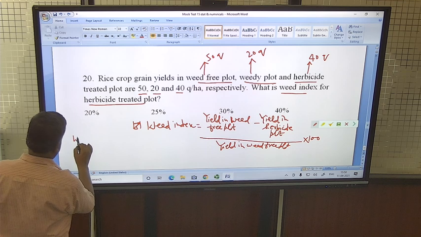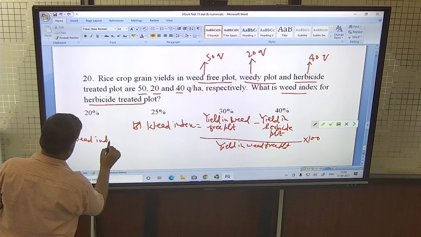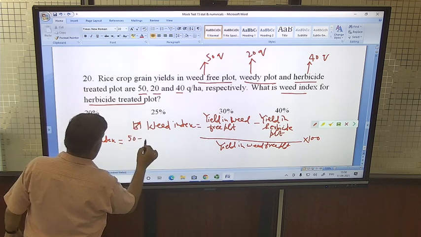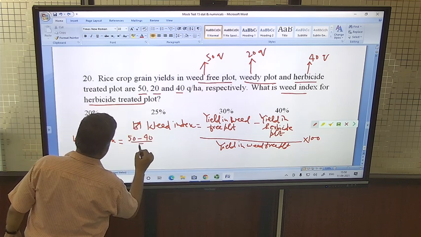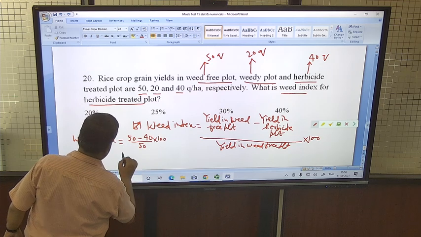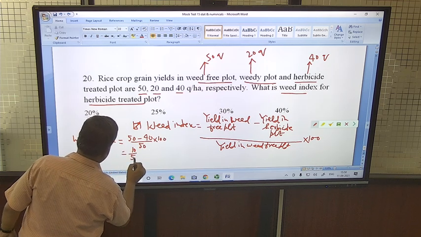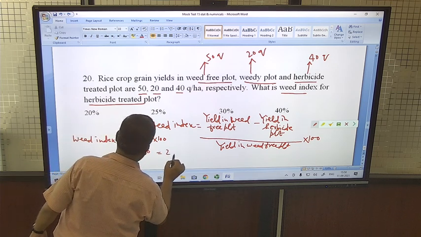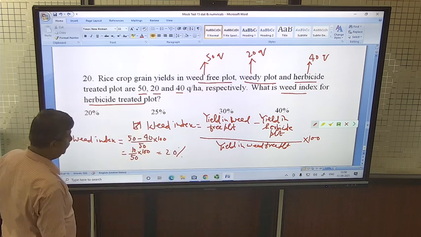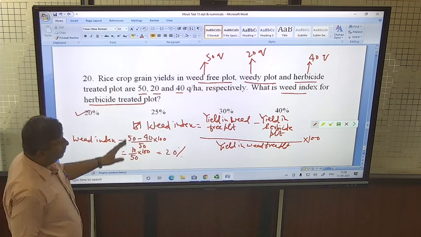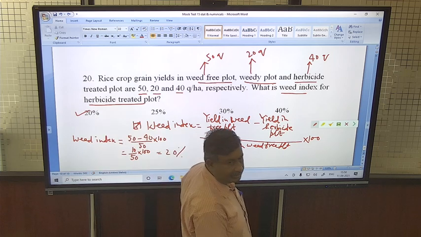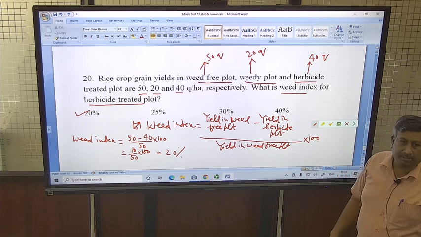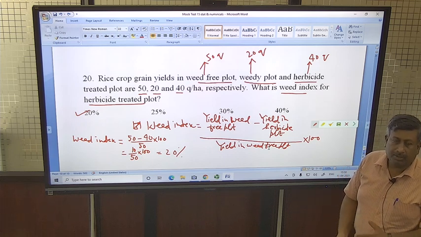So now weed index: yield in weed free plot is 50, herbicide treated plot is 40, so 50 minus 40 divided by 50 into 100, it means 10 upon 50 into 100, that is 20%. So this is the correct answer. This is how we can calculate weed index. It totally depends on the formula. So this was about the numerical questions on statistics. Thank you very much.